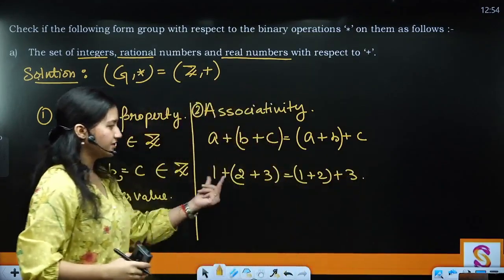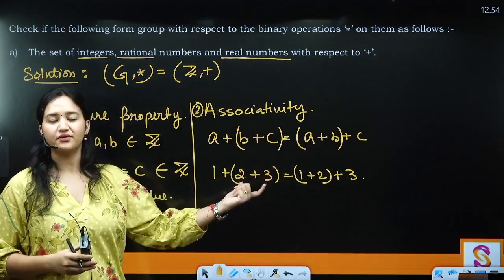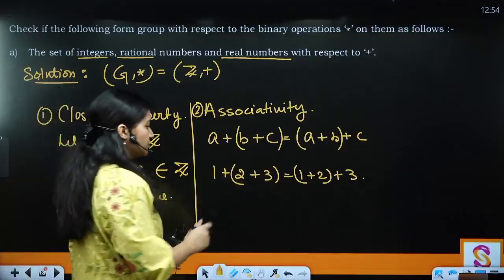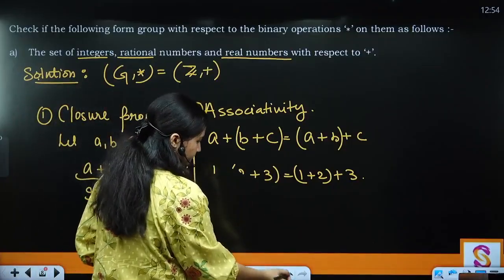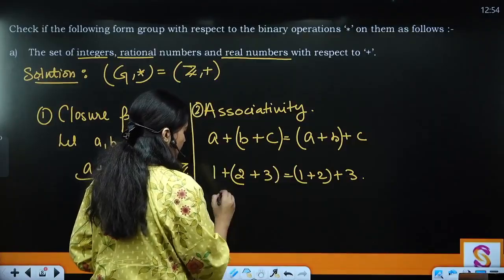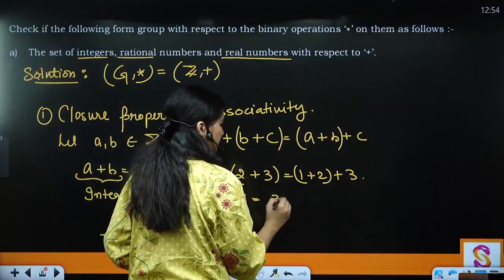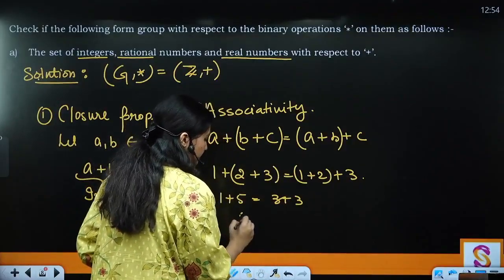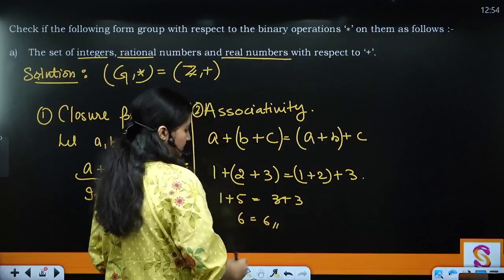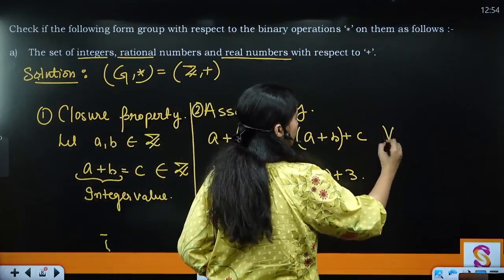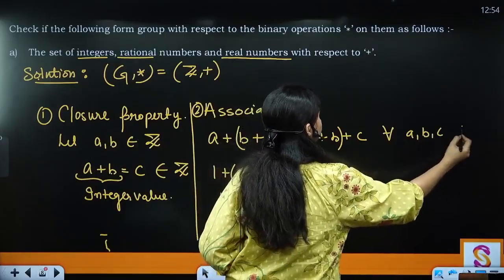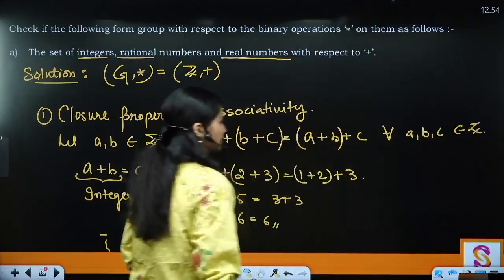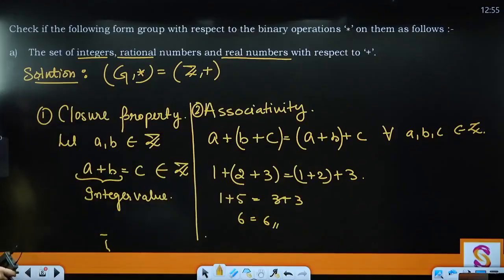So order does not matter in which I will be applying the operation here. So this will be 1 plus 5, and this will be 3 plus 3, and this will give me 6 equals 6. That means this will be true for all A, B, C that are integers, right?